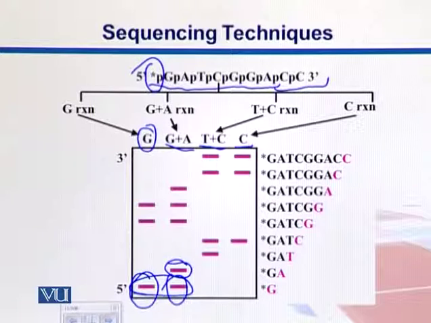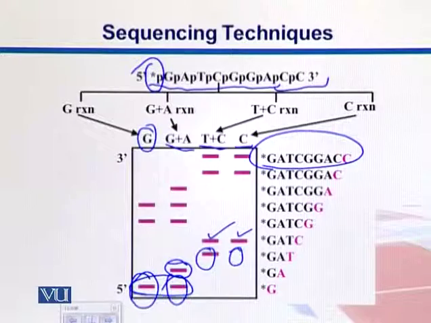So here for example in T and C reaction we see just one band, so it's not there in C but it's there in T plus C, so for sure it's T there. Here again we see two bands, one in T plus C and one in C, so we can say that for sure it's C. Same way we can do for others, and in the end we can have the whole sequence captured.